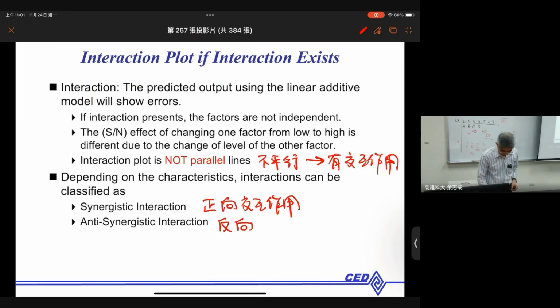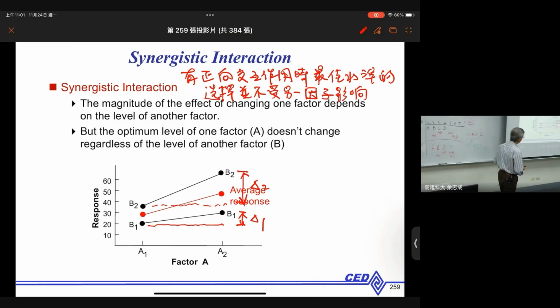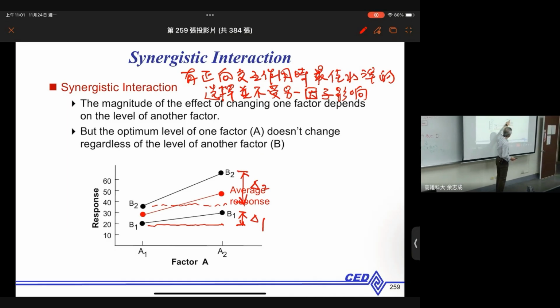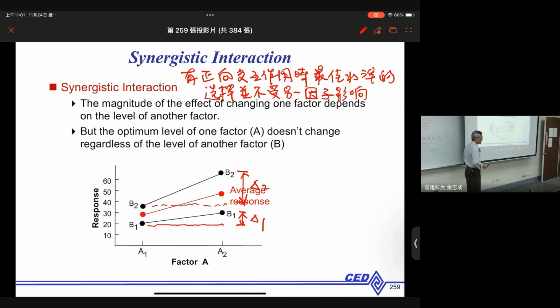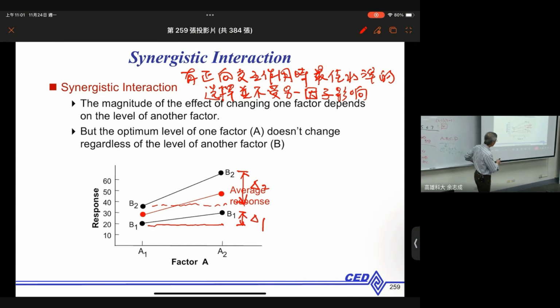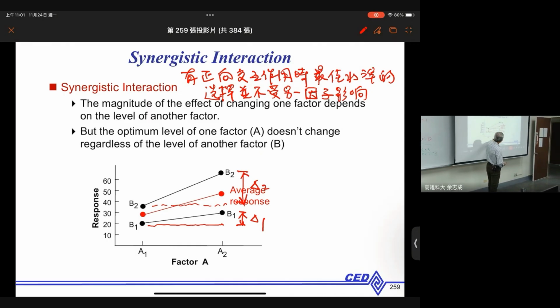So let's come back to this one. As I say, this is called synergistic, all right? Although the differences are not the same, they are not parallel. However, the selection of A is still the same, no matter B1 or B2, which will be the same as the effect plot. The red line here is the effect plot, A1, A2.